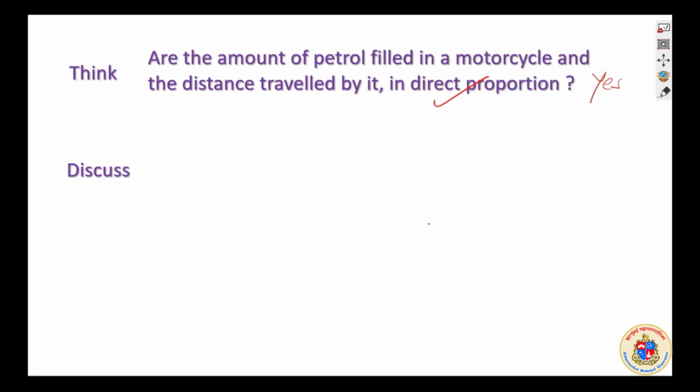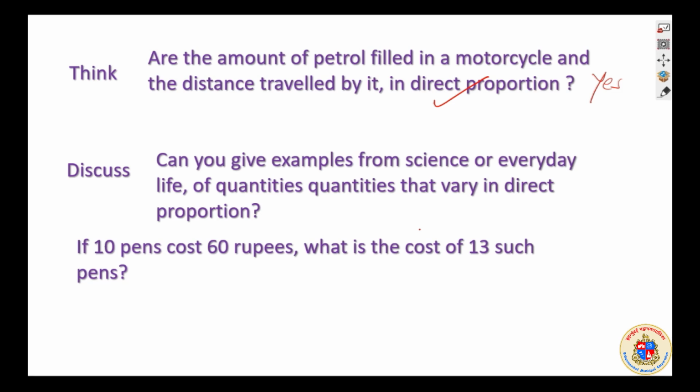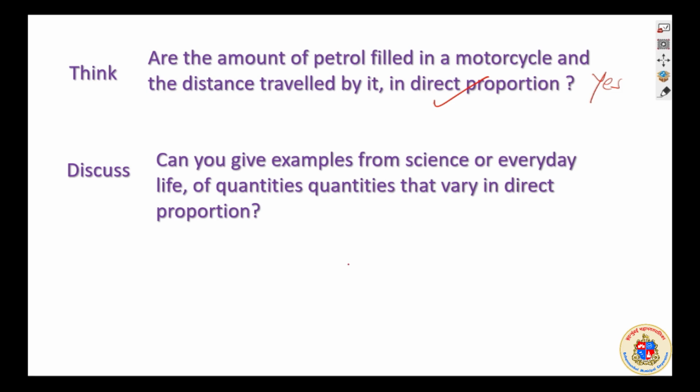One question from your textbook. Can you give an example from science or everyday life of quantities that vary in direct proportion? Science में से या everyday life से ऐसा कुछ example दे दो which is telling us about direct proportion. When one data increases, the other data also increases.